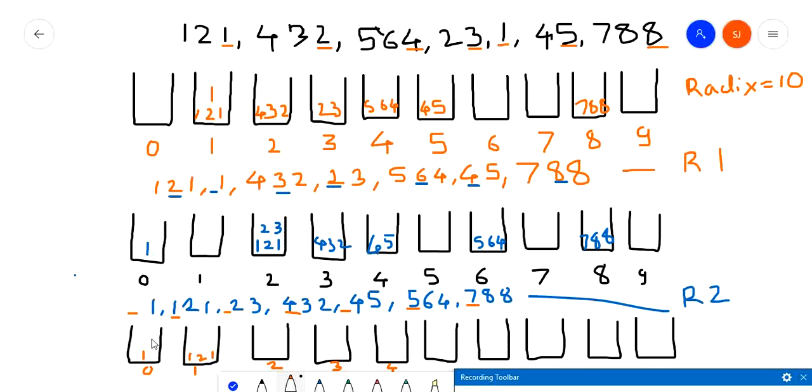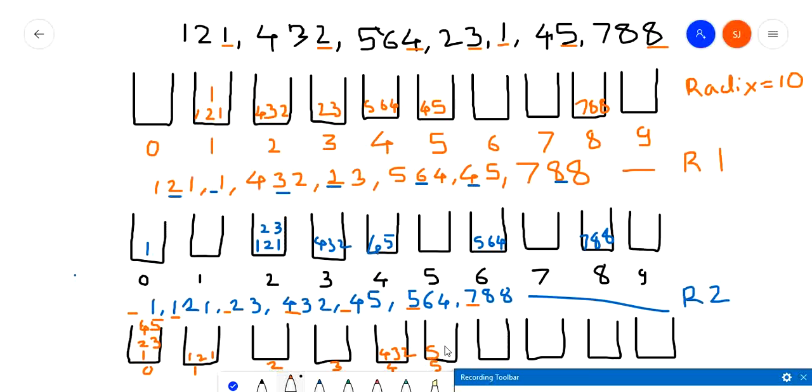Then 23, the 100s digit is not present, so place the number in the 0th bucket. Next is 432, the 100s digit is present, so 432 goes in the 4th bucket. Next is 45, again the 100s digit is not present and it is 0 itself, so place the number in the 0th bucket. Then 564, the 100s digit is 5, so place the number in the 5th bucket.